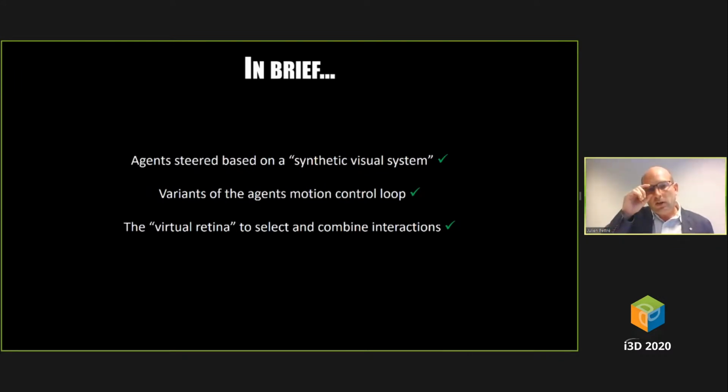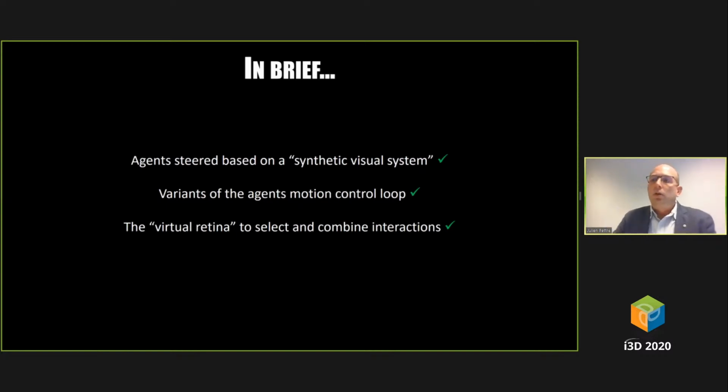And actually, this principle of a virtual retina onto which we project visual information to perform navigation is an interesting way of selecting and combining interactions. Because agents will react only to what they are capable of seeing in their environment. So naturally, you filter out whatever is invisible or not perceptible for some reason. For example, it's too far, or it's hidden by another obstacle.